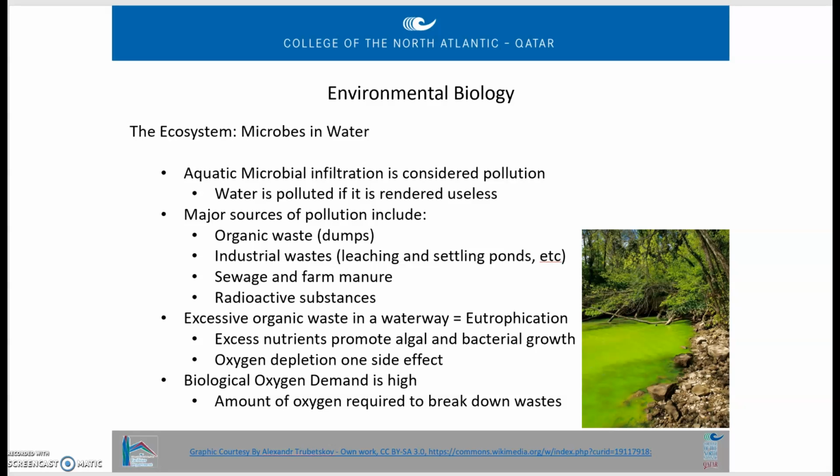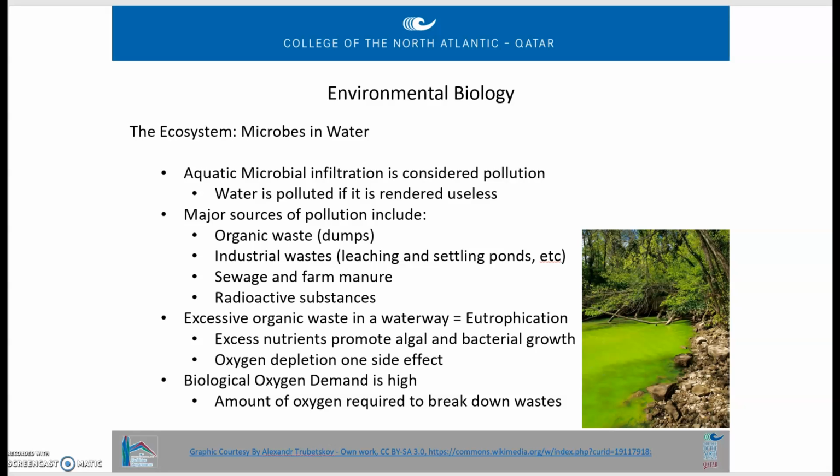If water is polluted, and polluted means if it contains substances that make it unhealthy or unpleasant, then we may not be able to use that water for drinking or for any other processes that we need. And microbial infiltration, so that means heavy growths of microbes, can make water polluted and render it useless or dangerous.